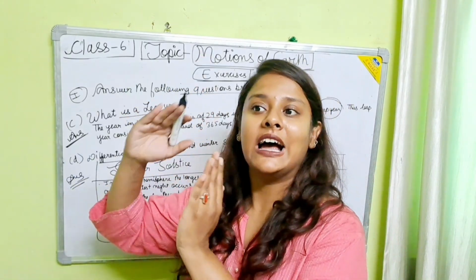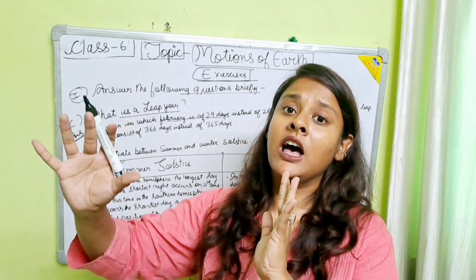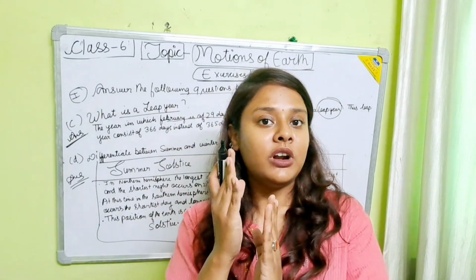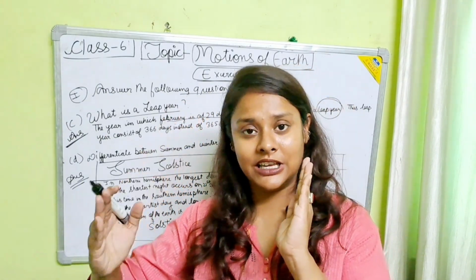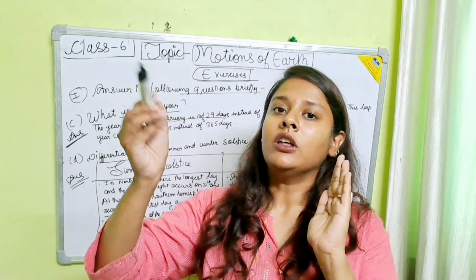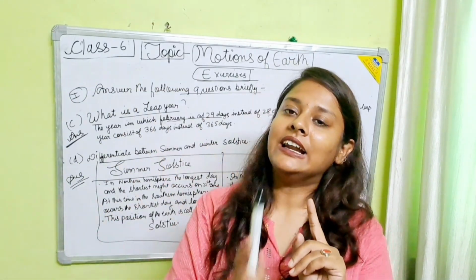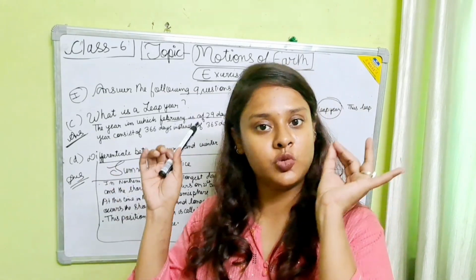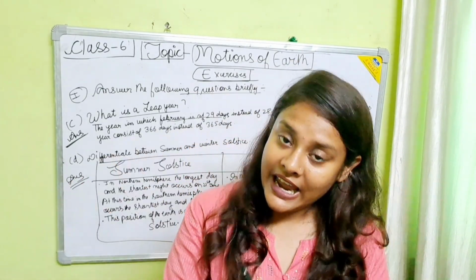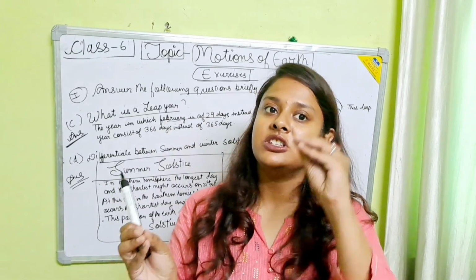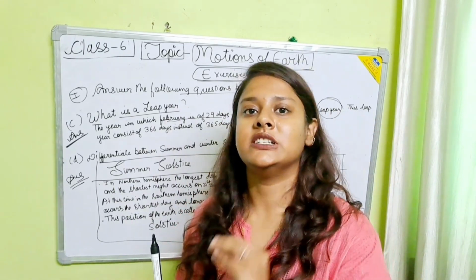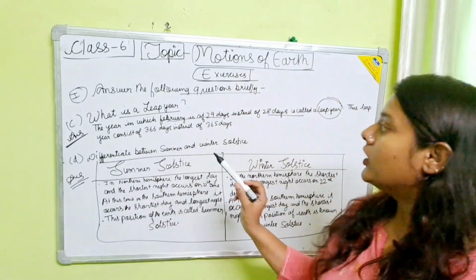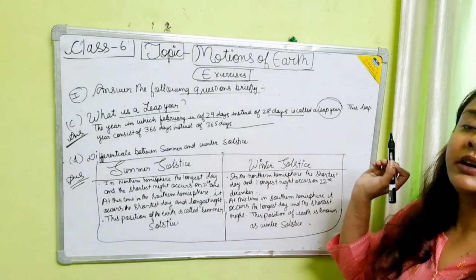Those 6 hours add up over 4 years to give a total of 24 hours, and 24 hours is equal to 1 day. So this surplus day is added to the month of February, and the total number of days in February becomes 29 instead of 28, and the year becomes 366 instead of 365. This is all about leap year.